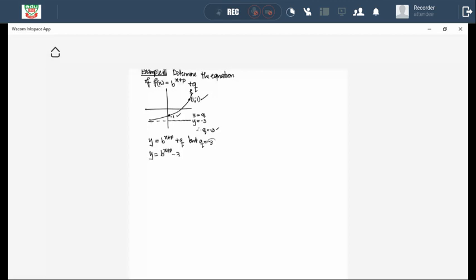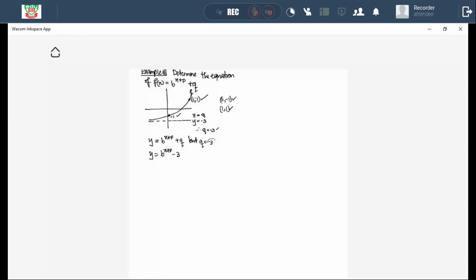This is -3. I've got two coordinates. The first one is 0 and -1, and also 1 and 1. I'll start with the y-intercept, then I'll come to 1 and 1. Why the y-intercept? Once x is 0, it becomes a little bit simple to simplify.